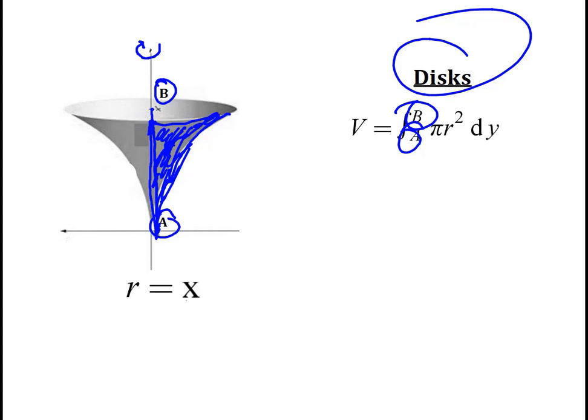The area of any circle is pi r squared. And our radius now is going to be our x value, no matter what. And we're going to be integrating with respect to the y-axis, hence it's going to be dy. I'm going to show you how these small changes are going to affect us.